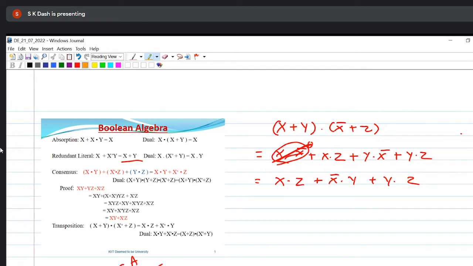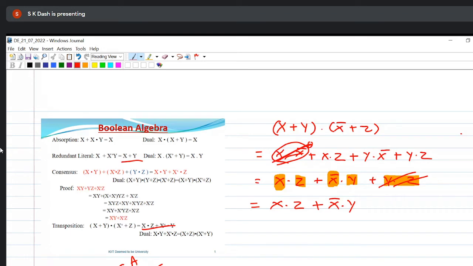Now observe, this variable is present here, its complement is present here. The remaining terms are z and y, which are multiplied. So as per consensus, we can remove this term. So the result will be x dot z plus x bar dot y. Okay, same thing is mentioned here. This is called transposition.